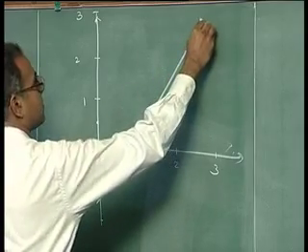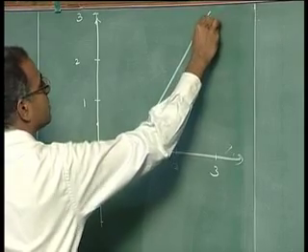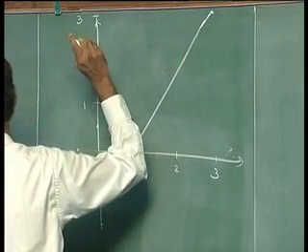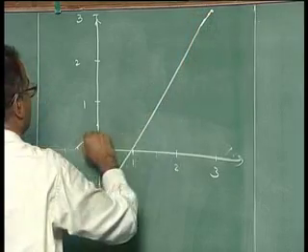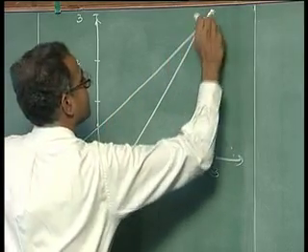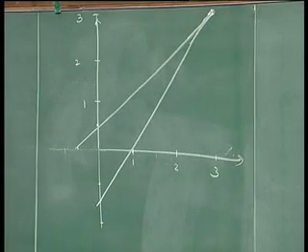So, you get, let us say, 28 by 9 is somewhere here and 133 by 45 should be somewhere here. You assume that it goes like this and somewhere here is the LP optimum.